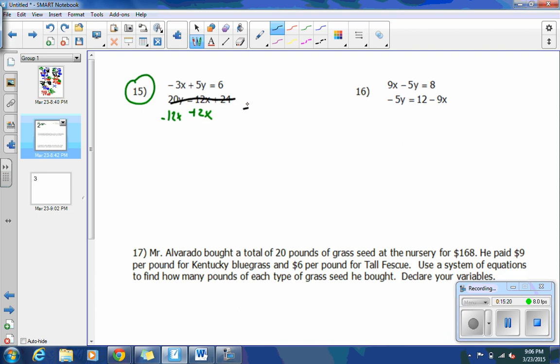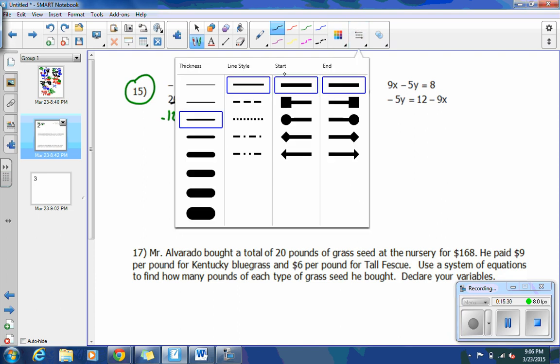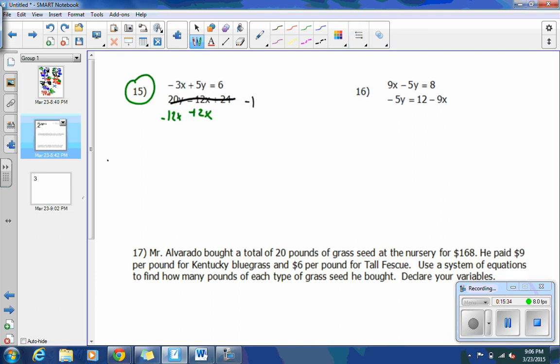It'll be negative 12x plus 20y equals 24.